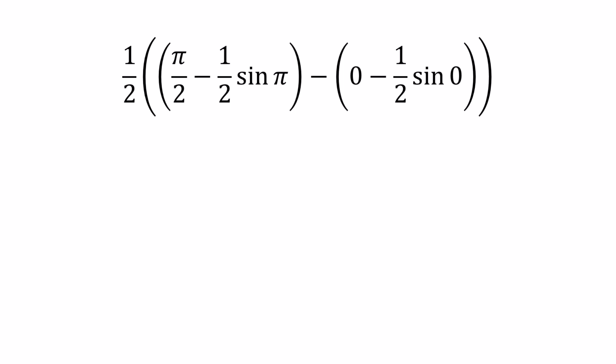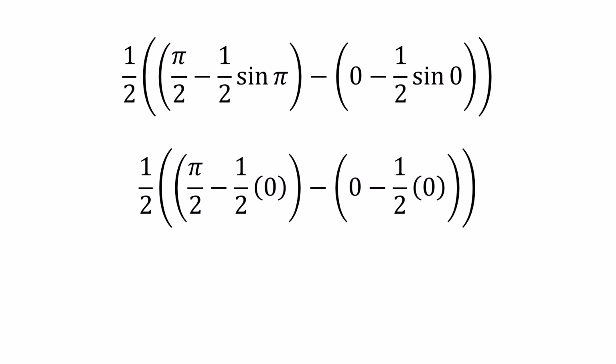Evaluating the sines then gives 1/2 times pi over 2 minus 1/2 times 0 minus 0 minus 1/2 times 0.